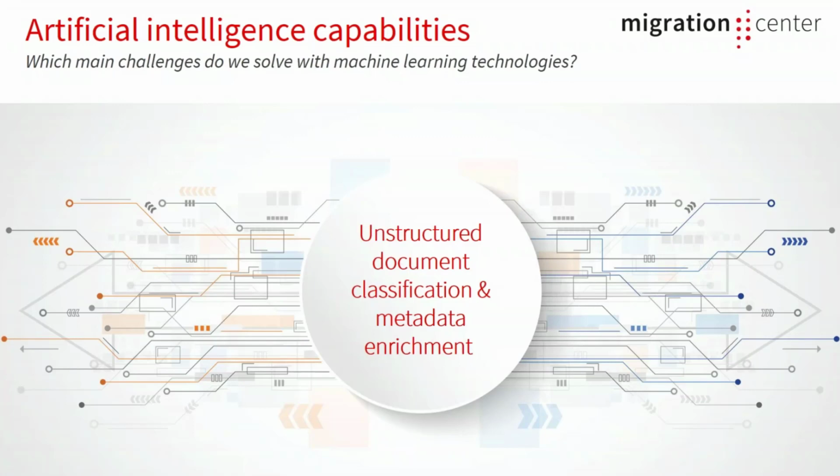One such challenge refers to the metadata and classification of unstructured content, like Office or PDF documents. Those metadata are often incomplete or incorrect, or they simply didn't exist in the source system.